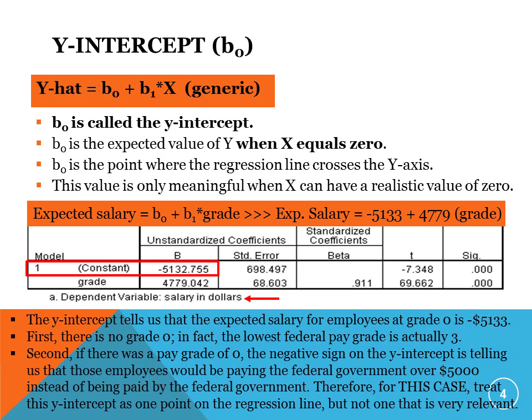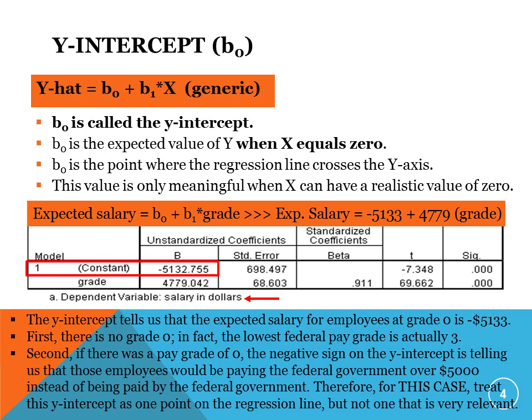So looking at bullet point 1, we see that the y-intercept tells us the expected salary for employees at grade 0. When we plug into this equation, we type 0 in here, and we multiply this times 0, which means that's 0. And so what we have left of the equation is negative 5133.